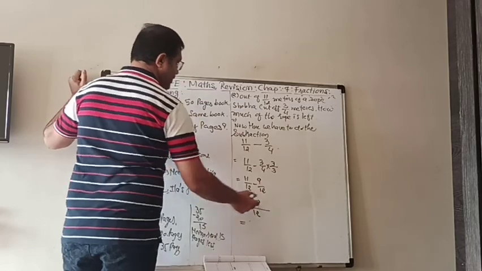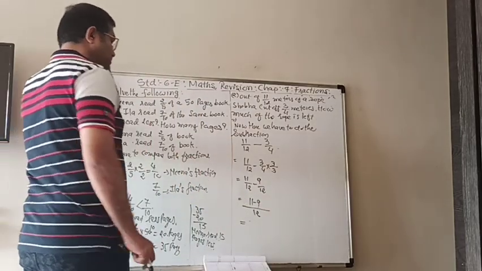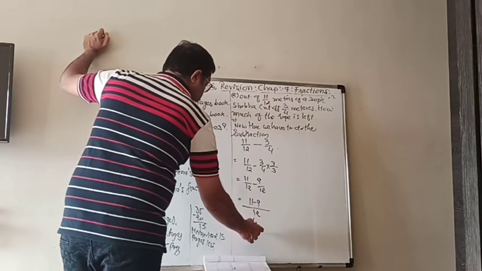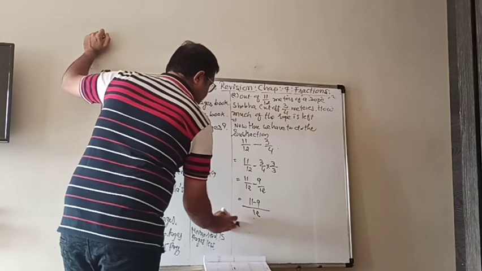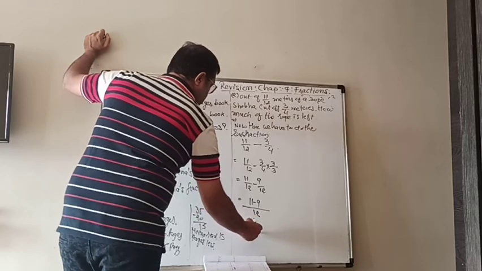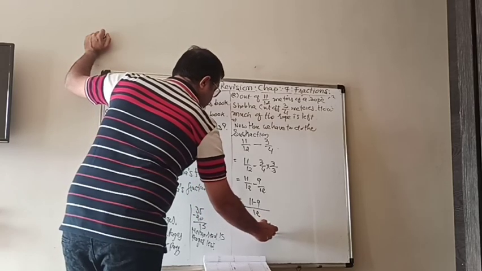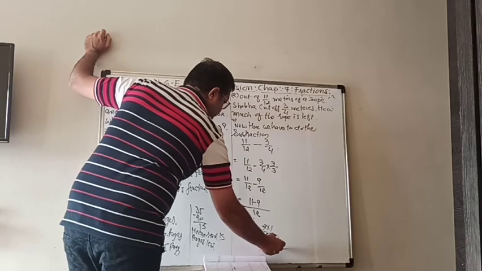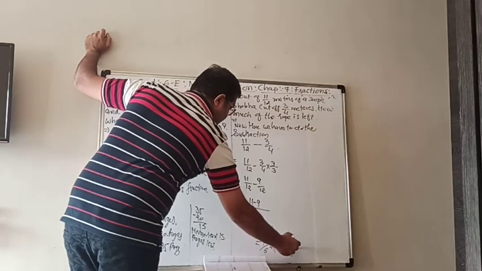So 11 minus 9 is how much? 2. 2 upon 12. Or you can do it like that. That is 2 ones are 2, 2 6s are 12. So 1 by 6 meter left.